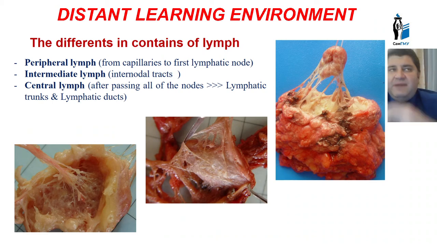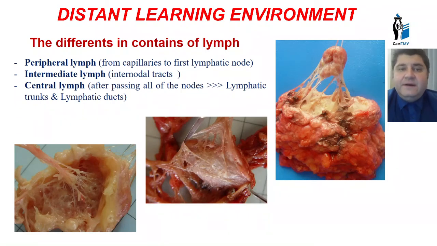Next, when it passes through a lymphatic node, it has more lymphocytes, the cells, and also proteins, glycoproteins and other substances from interstitial fluid, which are filtered in these nodes. That's why this lymph will be different than peripheral lymph, and the lymph from the first lymphatic node is called intermediate lymph or internodal lymph.